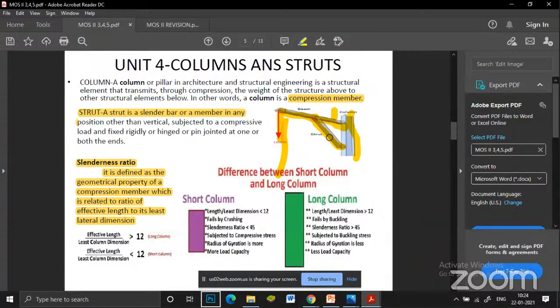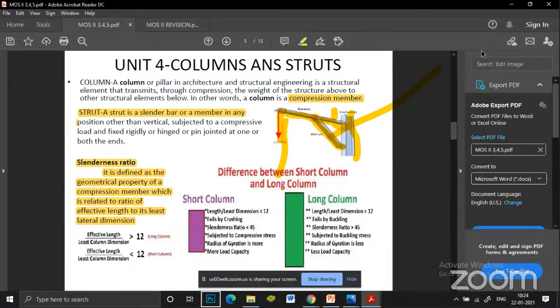Short columns and long columns. How will you find whether it is a short column or a long column? In case you have a doubt, what will you do?